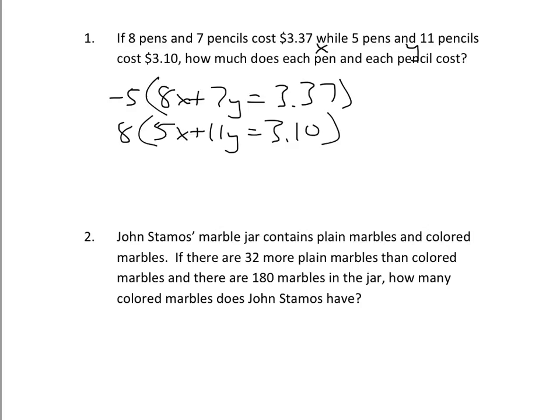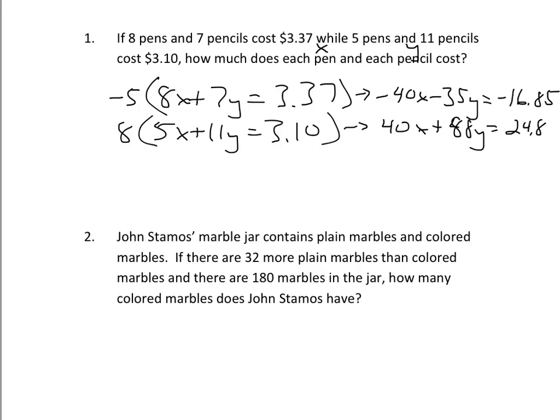We get -40x minus 35y equals 5 times 3.37, which is -16.85. And on the bottom we get 40x plus 88y equals 8 times 310, which is 24.8. Probably should have been able to do that in my head.